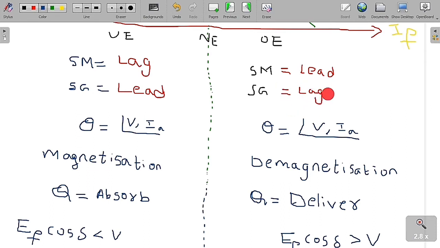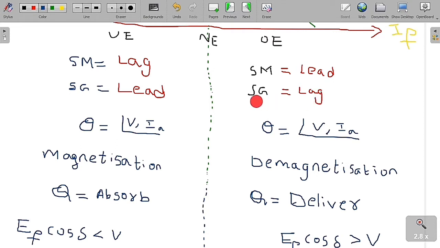We define lagging and leading with respect to theta, which is the phase angle between V and IA. We define the power factor as leading and lagging for the synchronous motor and synchronous generator with respect to theta.